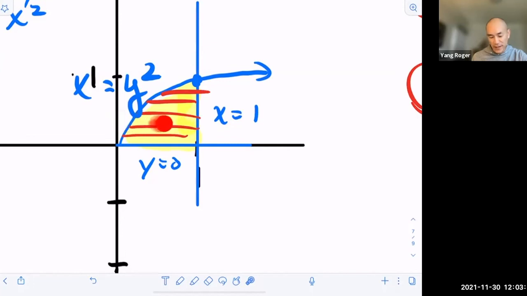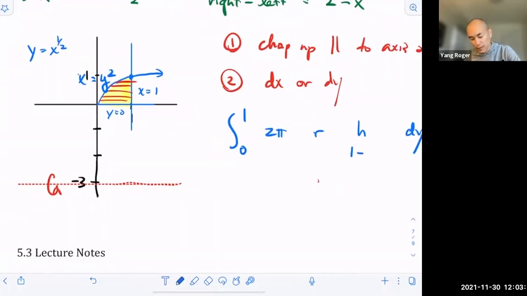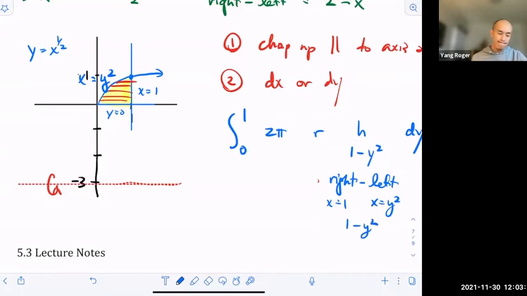I want the distance from here to here. 1 minus y squared is correct. How can I see that? I do the right function minus the left function. The right function is x equal to 1. The left function is x equal to what? Y squared. That's how you get 1 minus y squared. That makes sense?